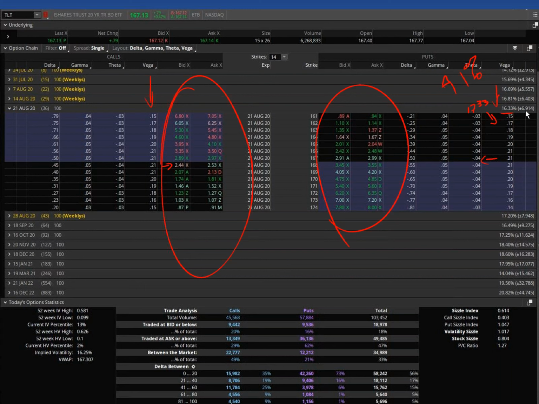But basically, the one I bought, the theta hurts me. On the one I sold, the theta helps me, and vice versa, the Vega is offset as well. So if we don't know where volatility is going to go, whether it's going to go up or down, we can basically offset those.